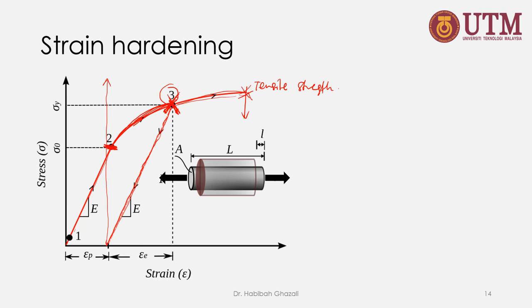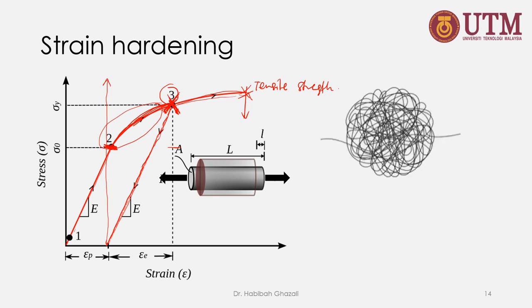But because of the first plastic deformation I introduced during the first test, this material has increased in yield strength. What happened here is a lot more dislocation has been introduced. And previously inside that material, there already exists dislocation lines. So now a lot more dislocation lines are interacting and tangled with each other.